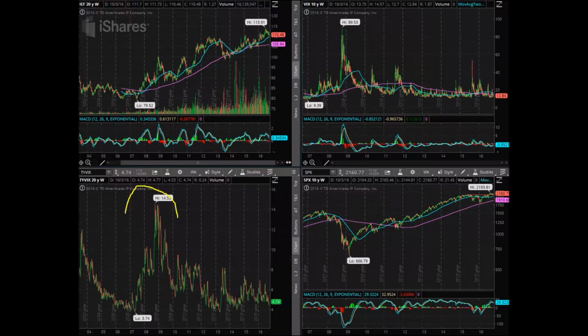You can see this huge spike here. The TYVIX will spike when interest rate moves are expected. So basically, during that financial crisis back in 2007, 2008, everybody expected a big change in rates to stimulate the economy.